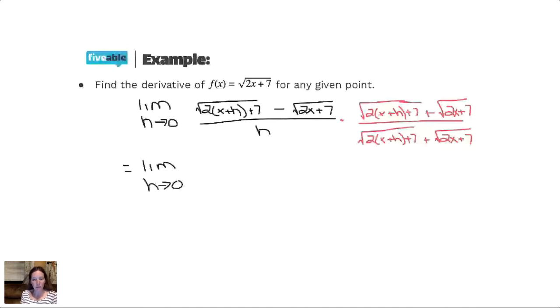So on the top, I'll get 2x plus h plus 7 minus 2x plus 7.